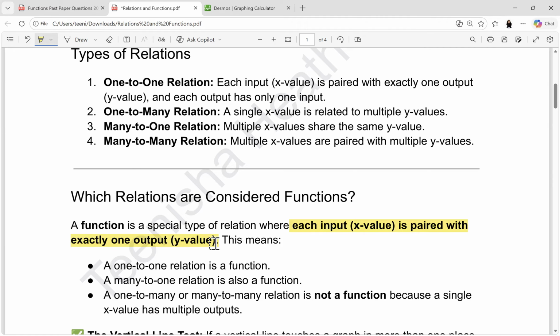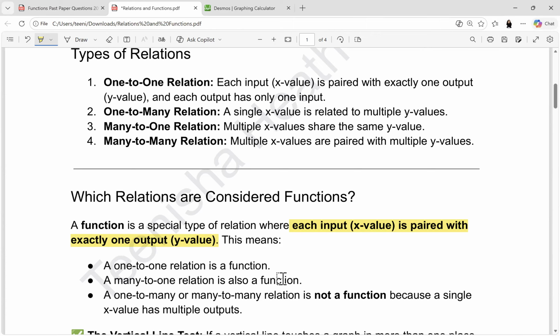So a one-to-one relation is a function, and a many-to-one relation is also a function.